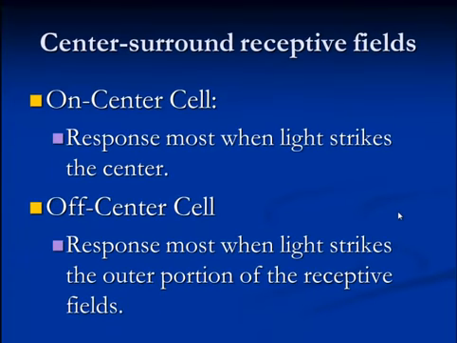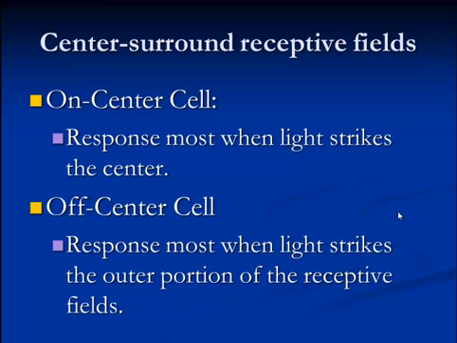All the cones send their information eventually to these intermediate cells and eventually to ganglion cells. The fields on the retina and the LGN are circular, and we call them on center and off center. It's a very simple concept. A neuron, maybe an intermediate cell, that's an on-center cell fires the most when light strikes the middle. When light strikes its peripheral circle, it fires less.